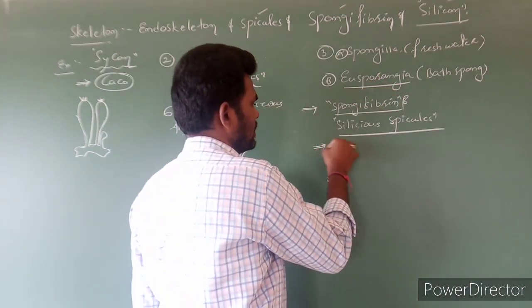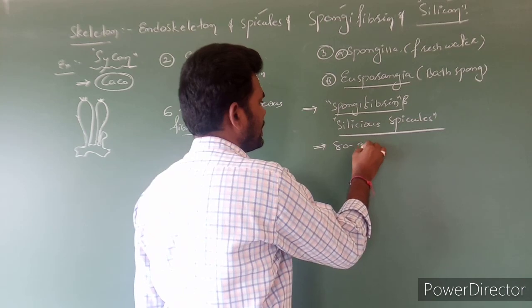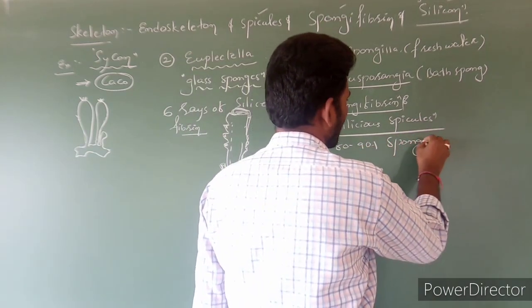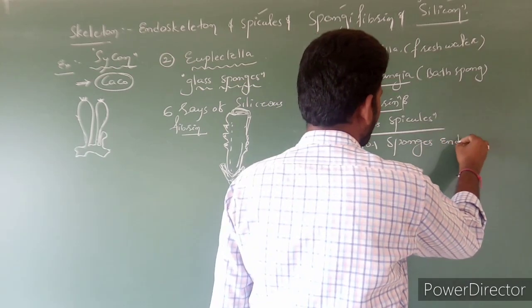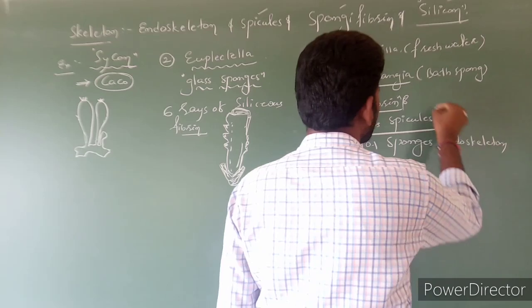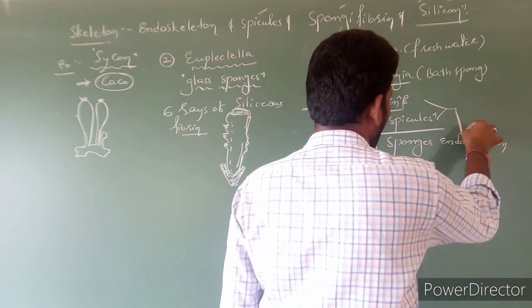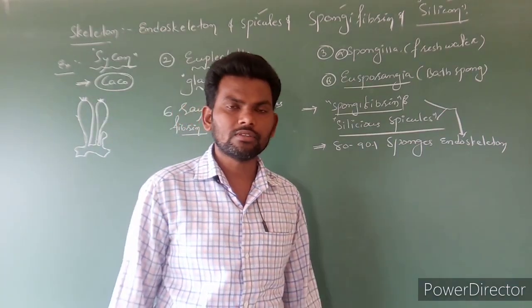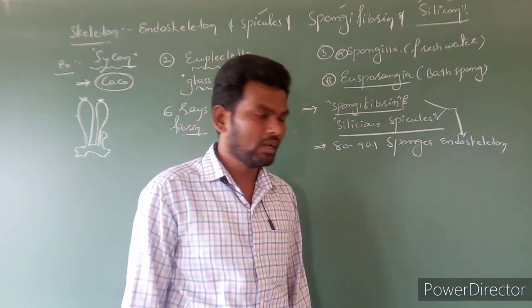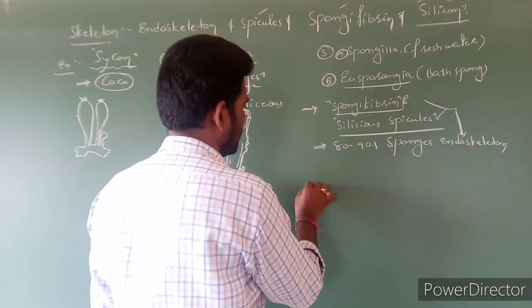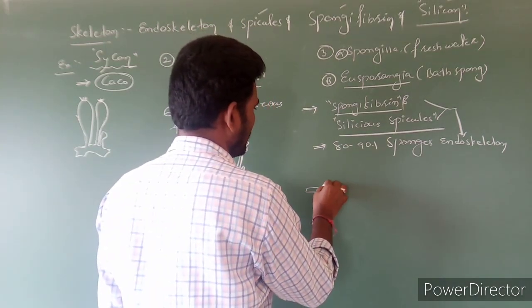Most of the sponges, nearly 80 to 90 percent, have an endoskeleton made up of spongy fibrin as well as siliceous spicules. Clear? Let's see the diagram of Spongilla. It is given in NCERT, right?